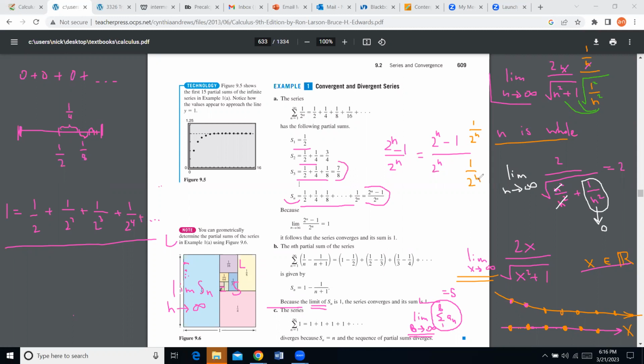So nice and changes. So we cancel these, and when you distribute, you're going to end up with 1 on the top minus 1 over 2 to the power of n on the bottom. And when you're taking a limit of this, when n approaches infinity, this 1 over 2 to the power of n is going away. That's what they actually expect you to do here. And that's how they say that the sum is 1.